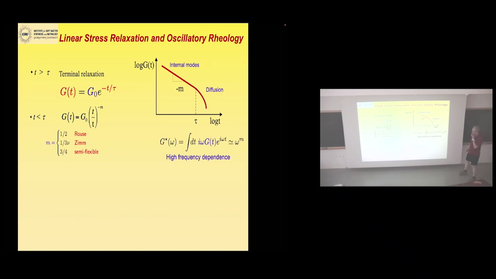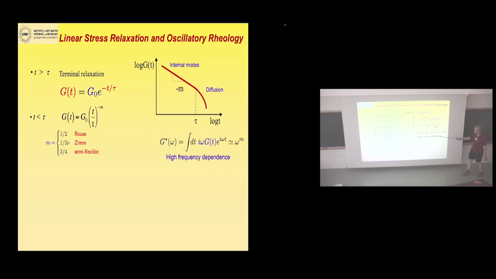Okay. So one way to tell what kind of chain you have is to look at what's going on here. Sometimes you don't actually have the ability to look at it in the time domain. It's easier to look at it in the frequency domain. You just get your rheometer and you move it at high frequencies. If I put this power law into the Fourier expansion, okay, when you do a Fourier expansion, it roughly turns time into frequency.